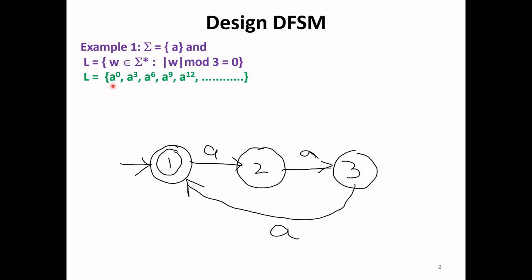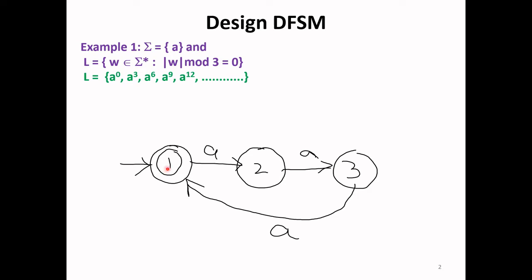initially a raised to 0 means 0 occurrences of a's. So the initial state is the final state, and the string is accepted. Next, a single a is rejected, 2 a's rejected, 3 a's reaches the final state, the string is accepted. Similarly, fourth a not accepted, fifth a not accepted, sixth a is accepted.